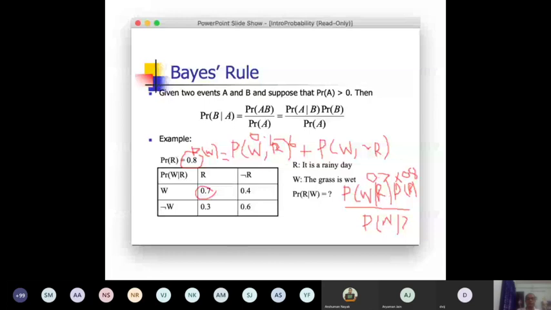Probability of W given not R is 0.4, into probability of not R, which is 0.2. So if I add them, it is 0.56 and 0.08. It is 0.64, isn't it? Is it clear?